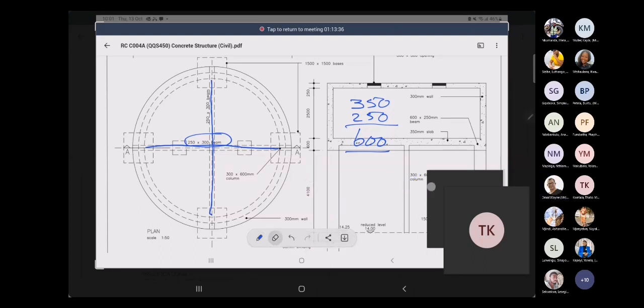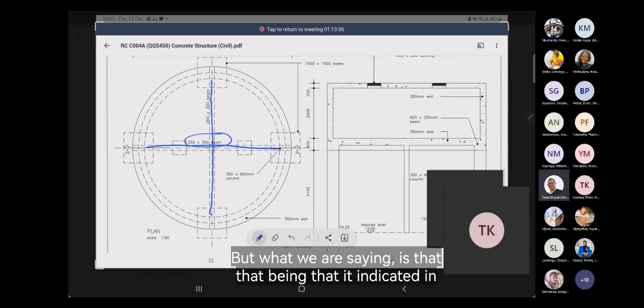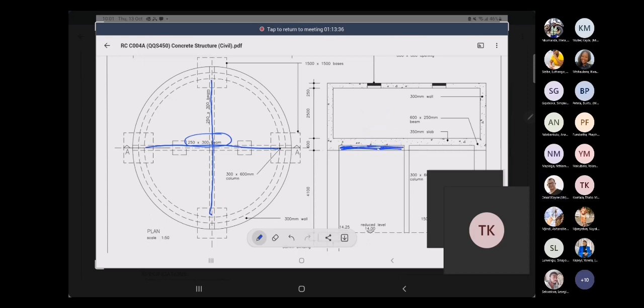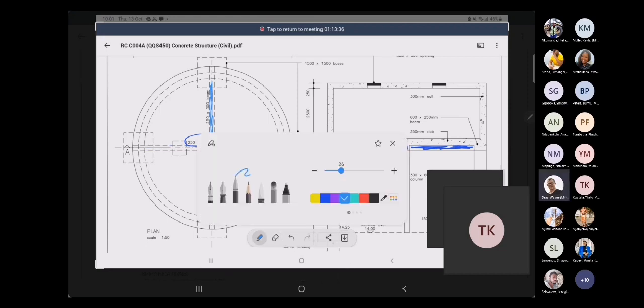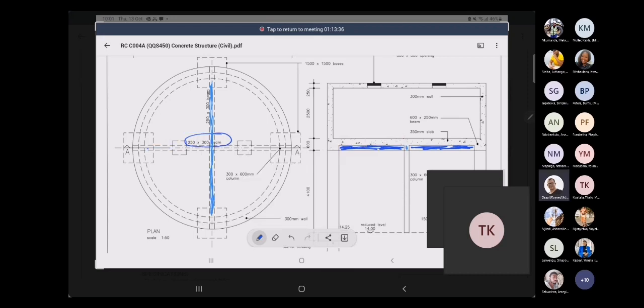So what we are saying is that that beam that is indicated in blue is there, and then it runs in the opposite direction, reflected as follows.